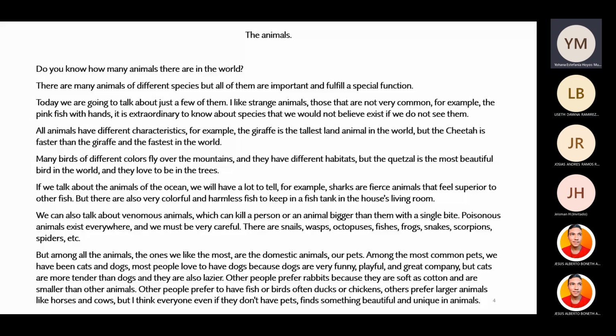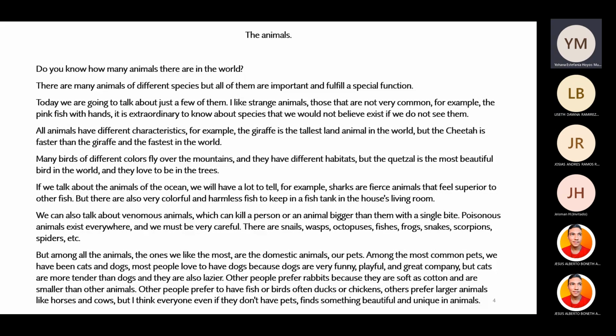I like strange animals, those that are not very common. For example, the pink fish with hands. It is extraordinary to know about species that we would not believe exist if we did not see them.